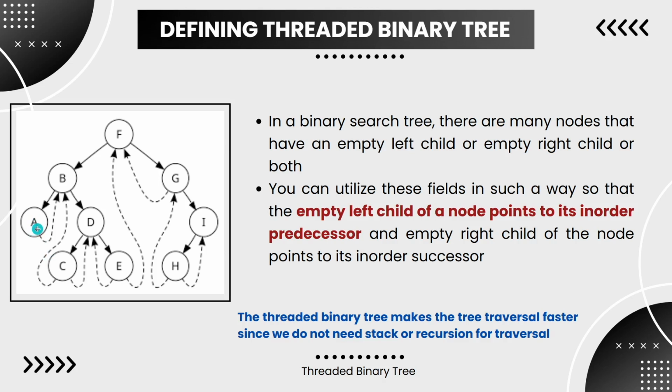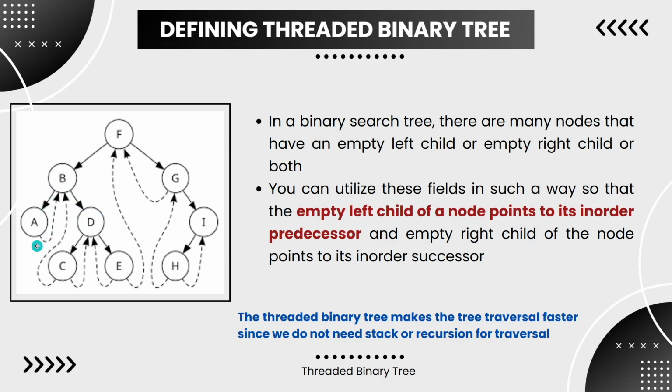After visiting A, we may have to move to the right subtree of B, which is D. In order to facilitate that, we have to backtrack and go to D. Here, for the sake of visualizing this backtracking, we have to employ a stack. That is what we are replacing with this threaded binary tree.